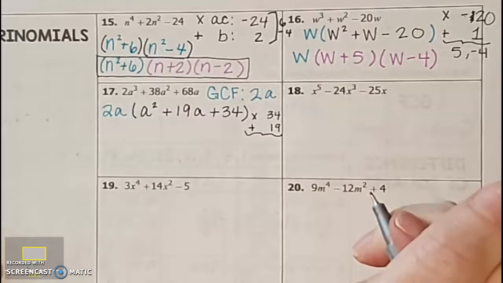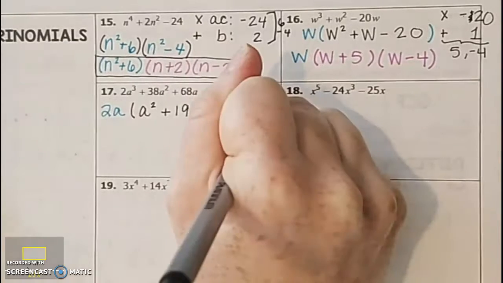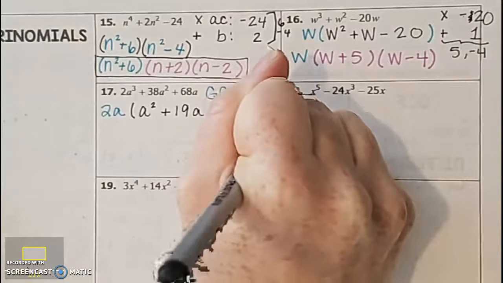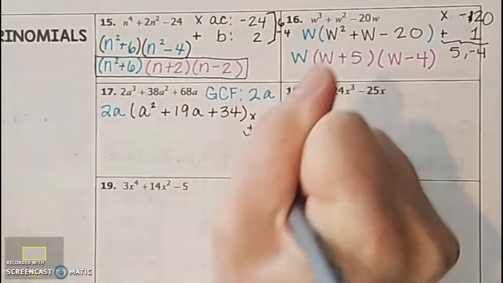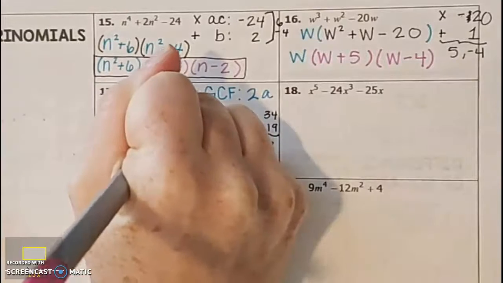So that quadratic is going to factor into 2a. Make sure that GCF stays on the outside. And then it's going to be a plus 17 and a plus 2.